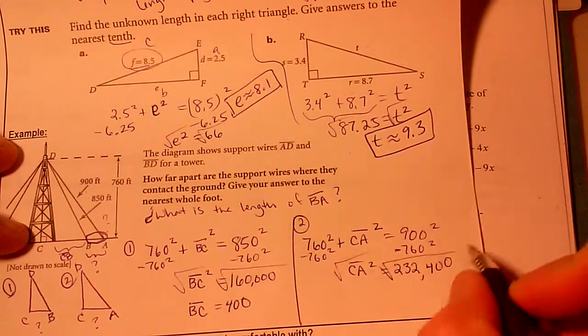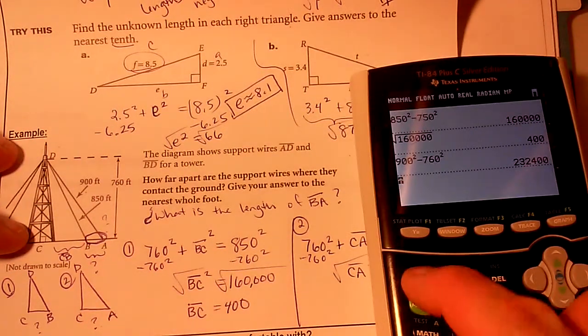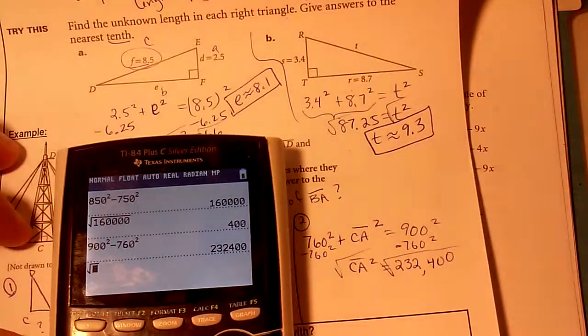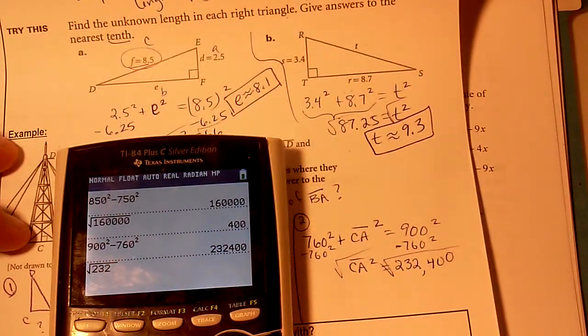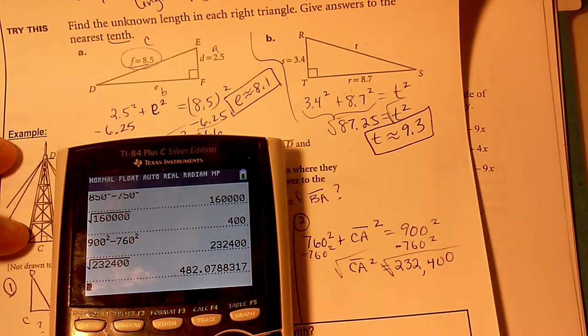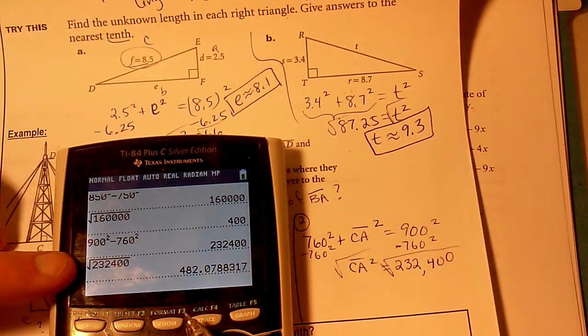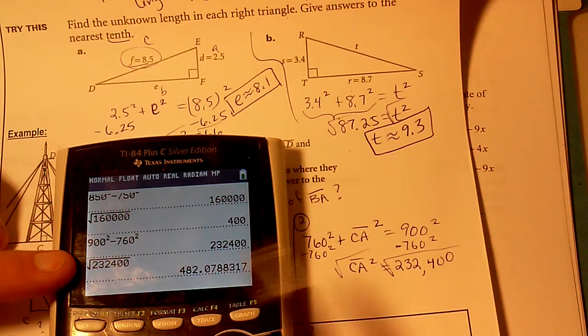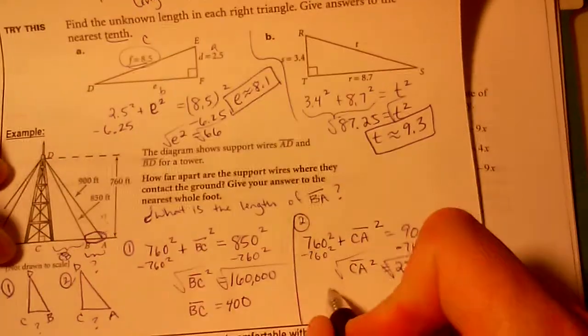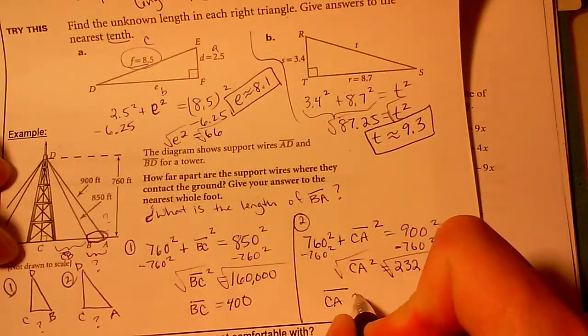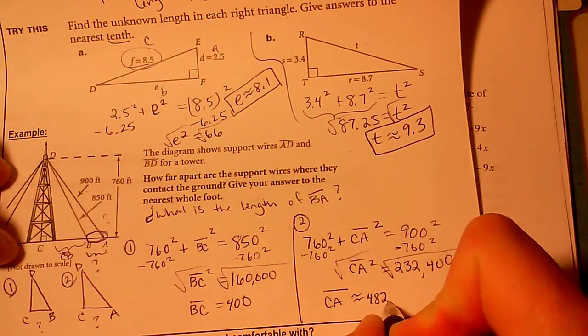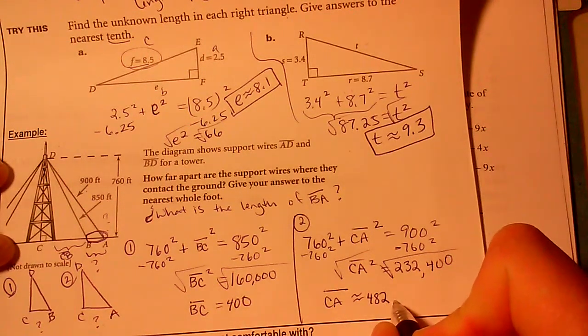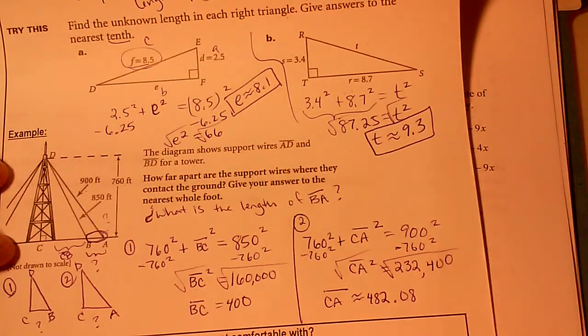So now I'm going to square root both sides. And the square root of 232,400. Maybe that's a perfect square and I didn't know it. It is not. All right, 482.08, let's say, approximately. So there's my longer length, there's my shorter length.